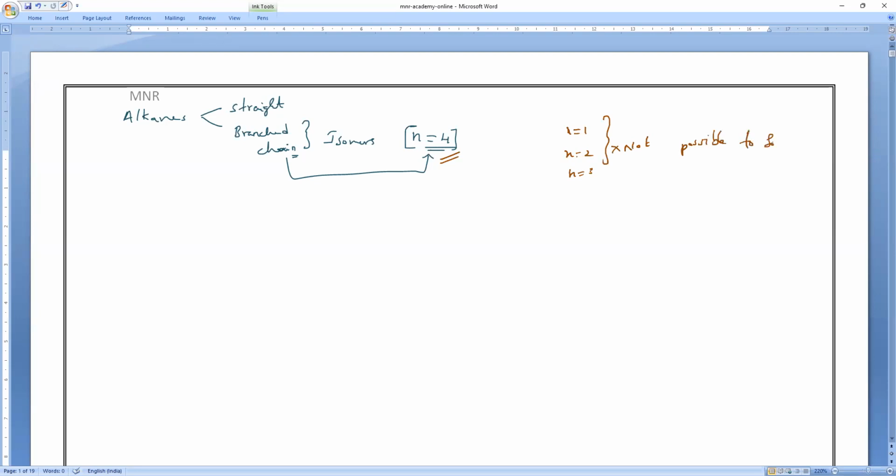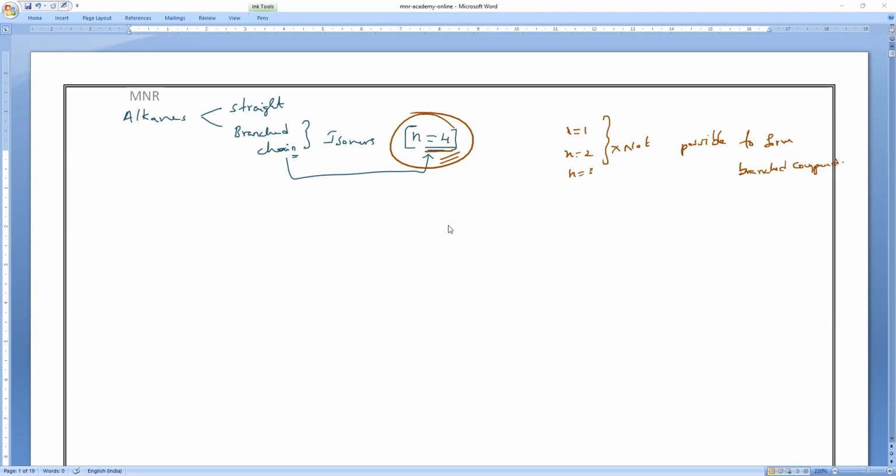So to form a branched chain, you must have at least 4 carbons.